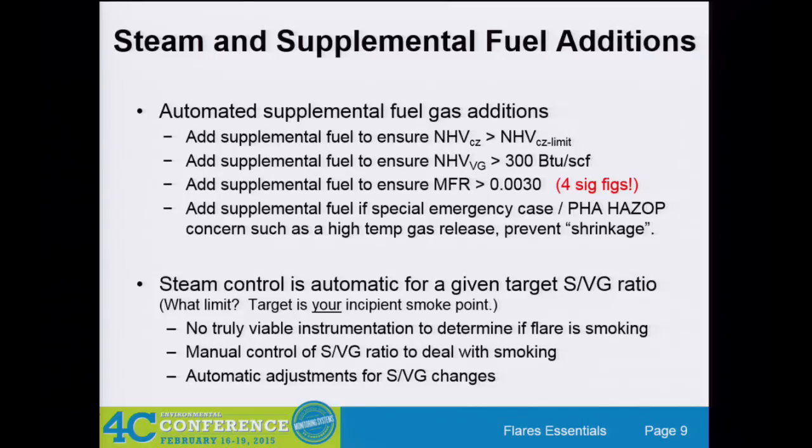But while we call it automatic control, it is still manually being set by the operator. If it goes beyond the 3 to 1, then you're going to be out of automatic and into manual, and the clock starts ticking. So while they call it automatic, with smoking, it's still a visual manual thing.